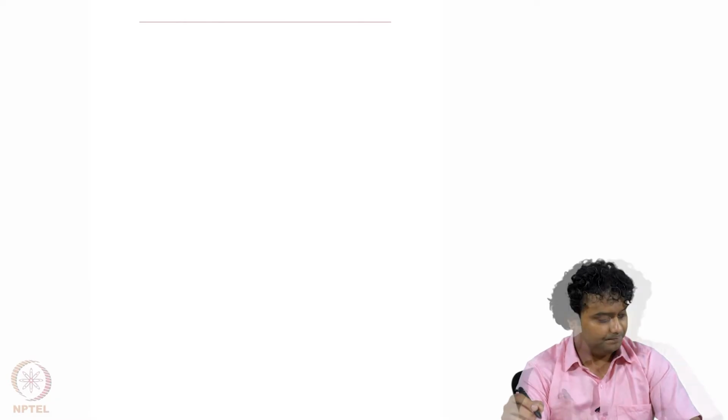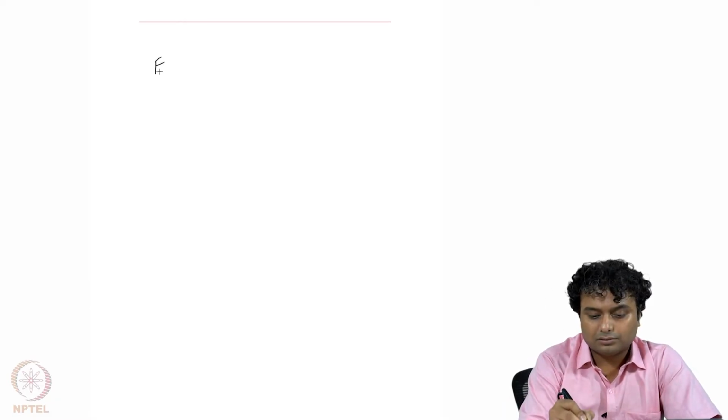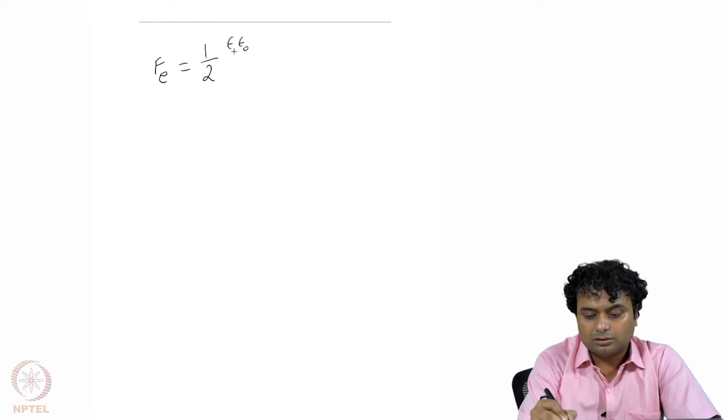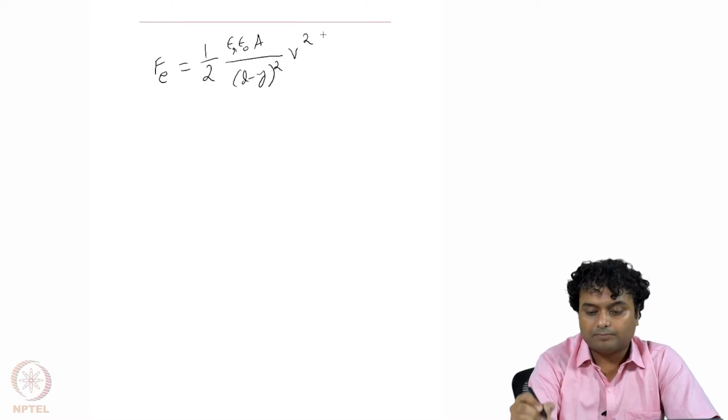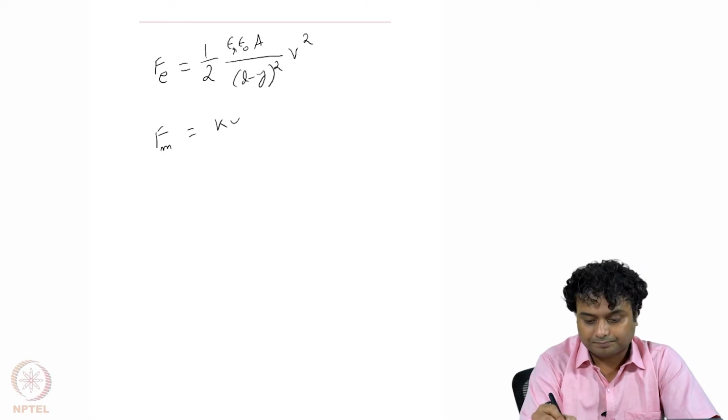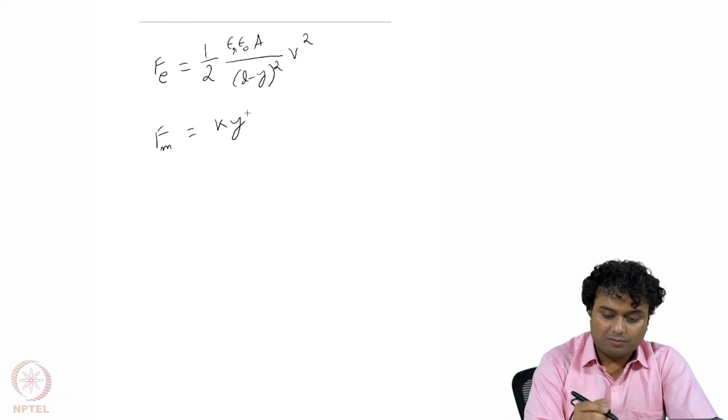So for that, my electrostatic force Fe is equal to half into epsilon r epsilon naught A divided by d minus y whole square into v square, and the mechanical force, let us call it Fm, equals ky. Where am I getting that from?